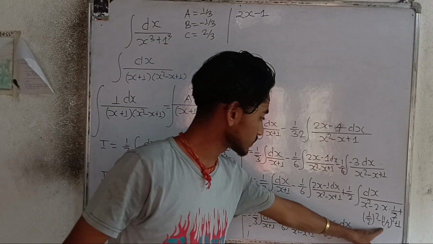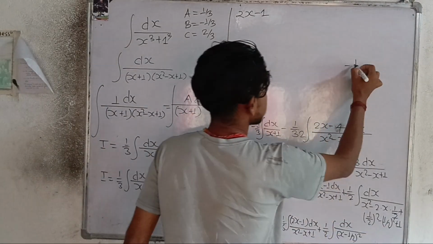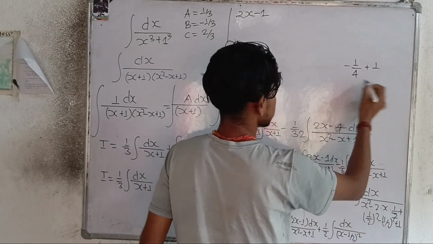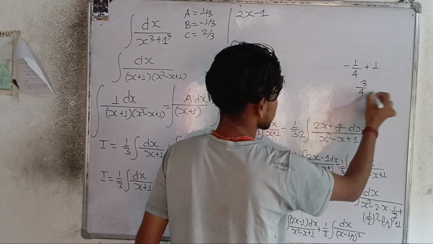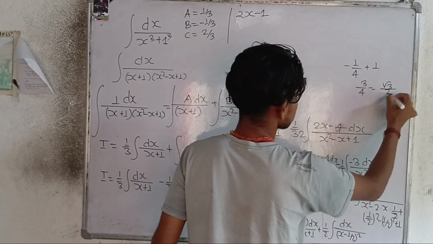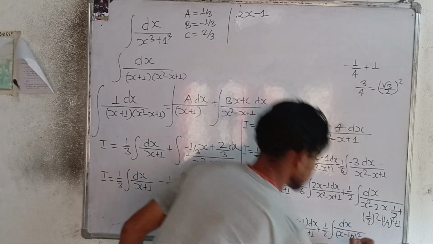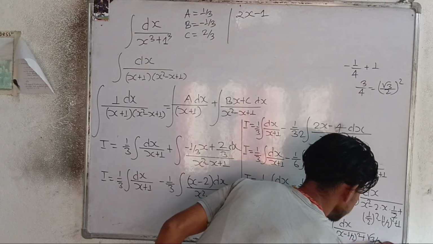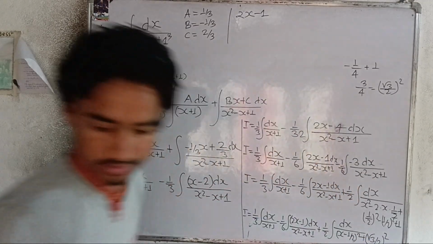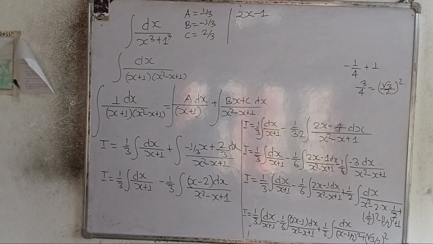And if you open this, you get negative 1 over 4 plus 1, and this is 3 over 4, which can be written as root 3 over 2 whole square. So plus root 3 over 2 whole square. So is this visible to you? Okay, this is actually visible.